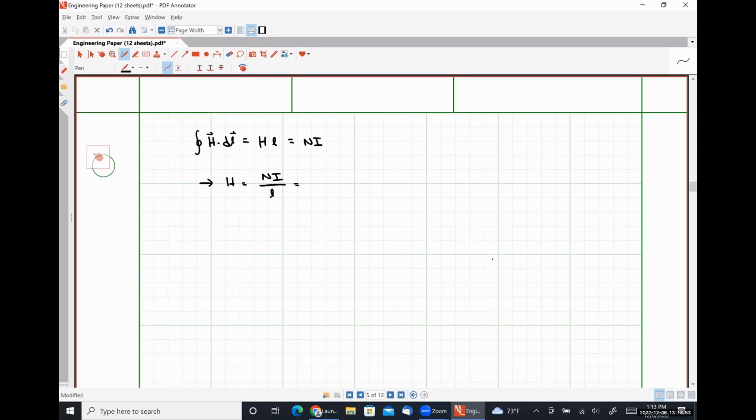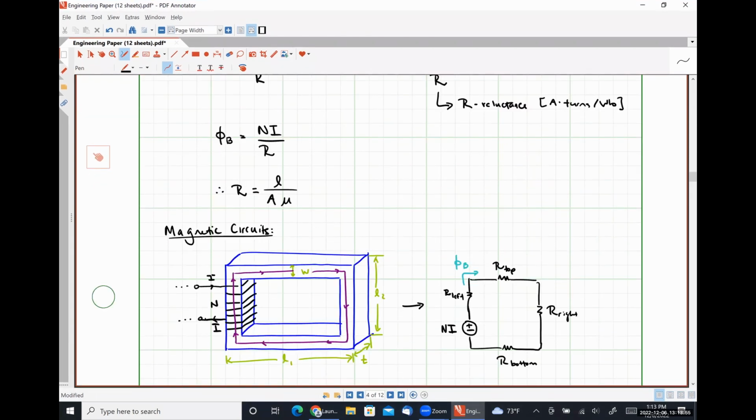So we scroll back up here. What's the average length the flux travels? Let's talk about the horizontal bit first. Somebody spit something out. So it won't be L1. L1 minus W, right?